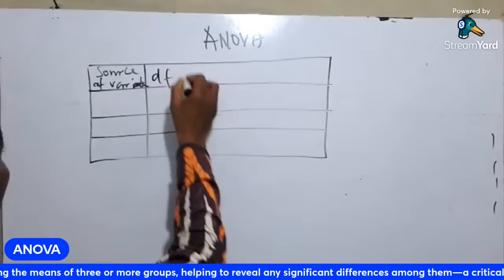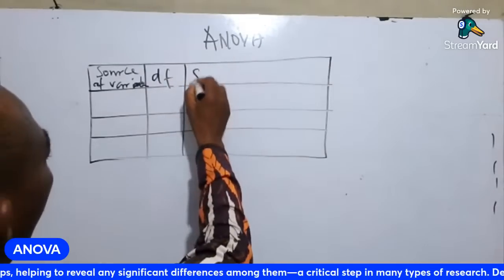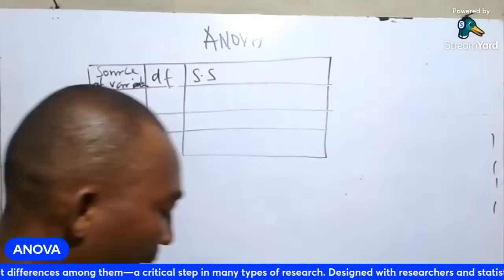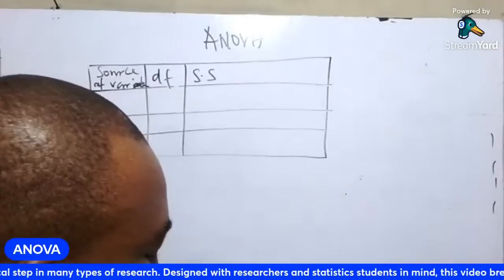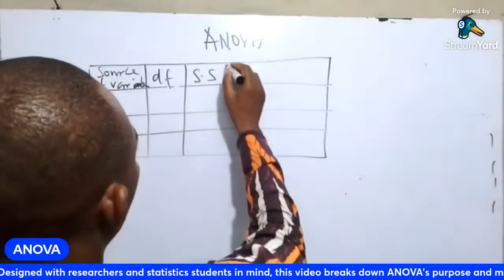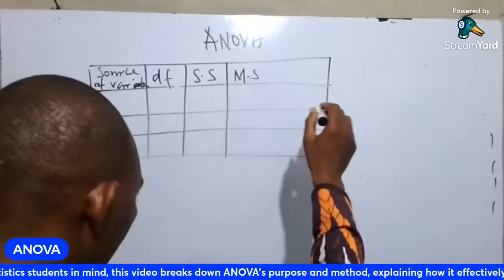The degree of freedom. Then you move away from degree of freedom, talk about SS. I know many of us will normally see SS. What's the meaning of that SS? Then you move away from there, you talk about MS. I will tell you the meaning.